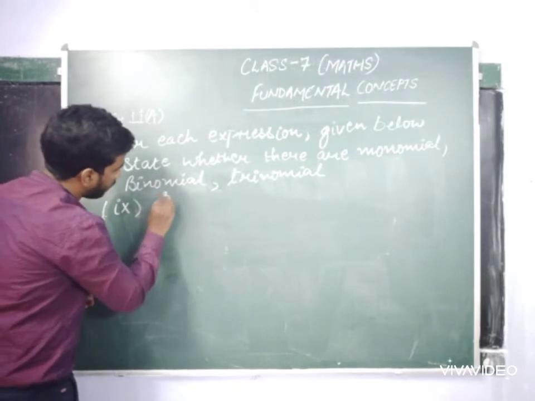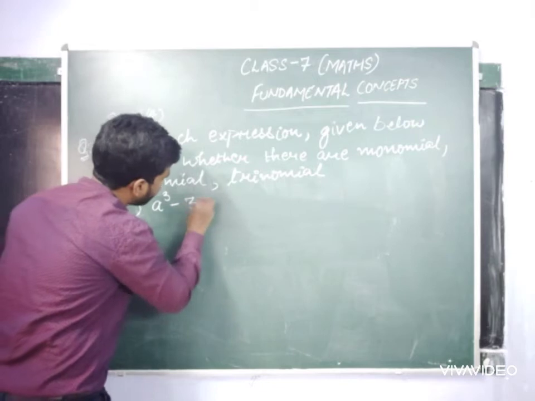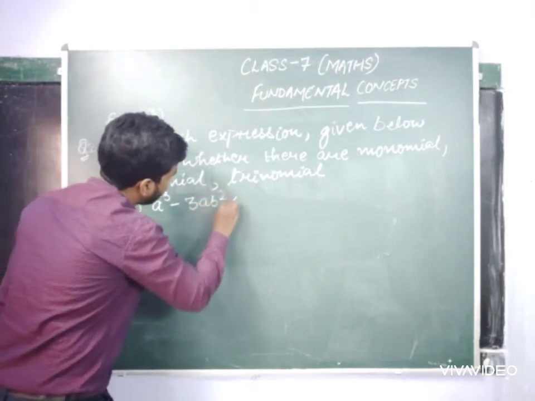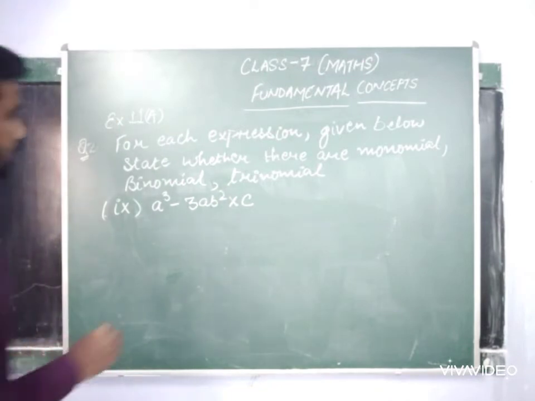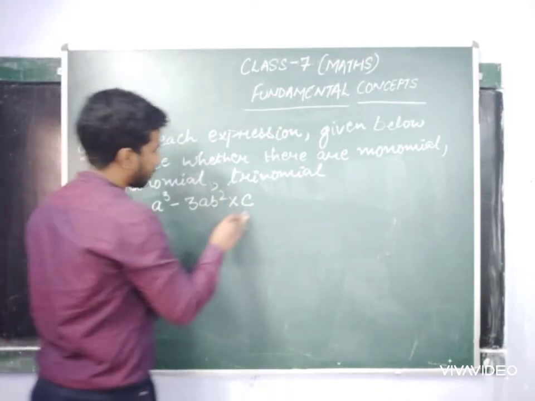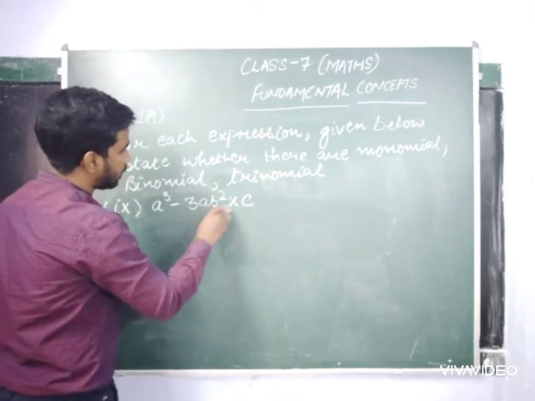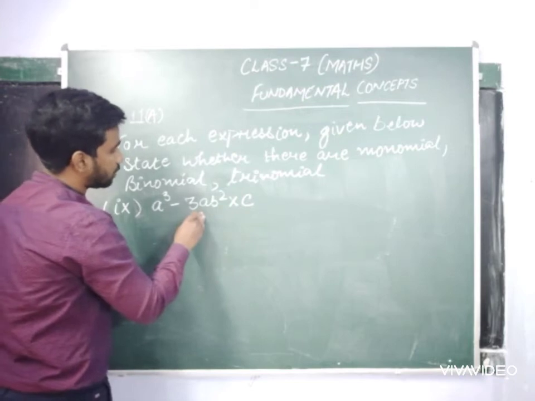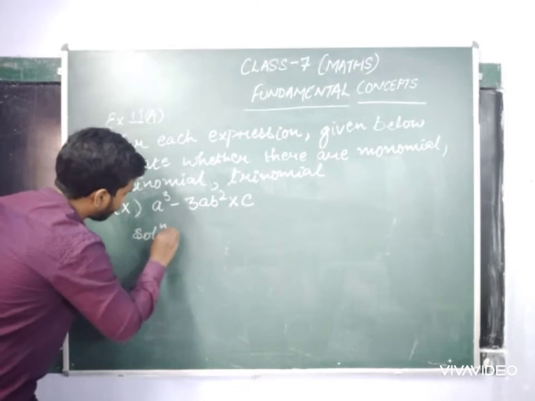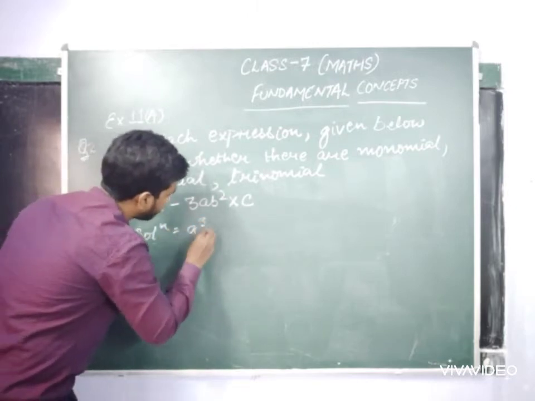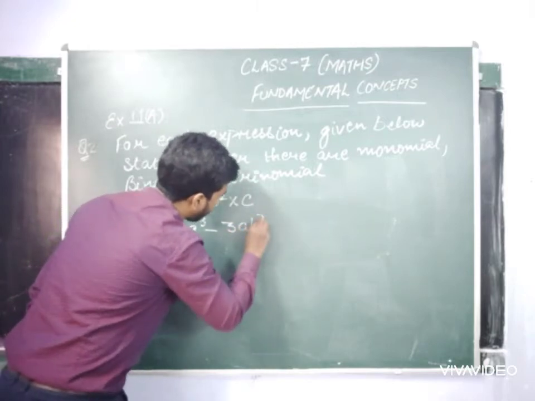The ninth part is a cube minus 3ab square multiplied by c. Again, first we will see whether we can simplify this expression. Yes, over here we can see that c is coming in multiplication with 3ab square, so it can be written like this: a cube minus 3ab square c.